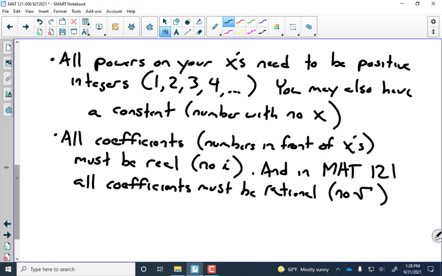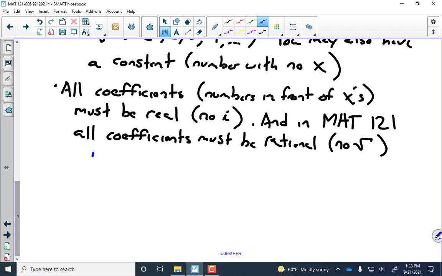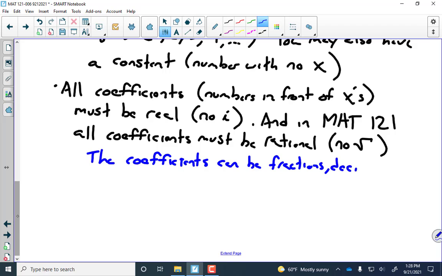But it is important to note that even though the powers on the x's are going to be nice numbers like 1, 2, 3, 4, 5, 6, 7, nice clean positive integers, the coefficients, the numbers that are in front of the x's, can be fractions, decimals, or negatives.